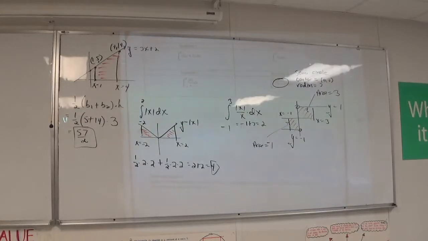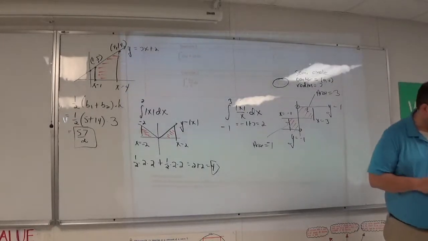Based on your experience in pre-calc last year, I would not expect you to know this on sight, but I've given you all that I'm going to give. Once we finish this problem, the graph that we're looking at is a semicircle, centered at the origin, and the radius is 3.